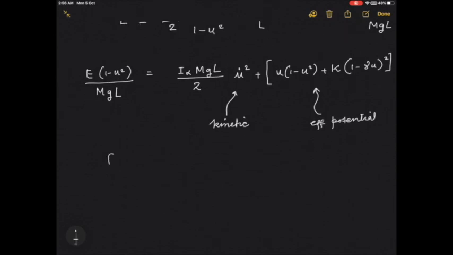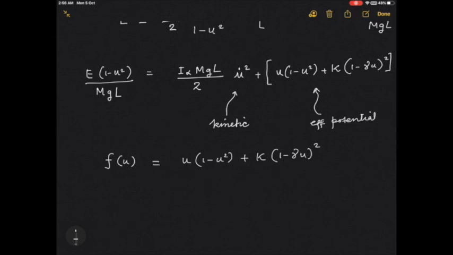Let us look at this effective potential, which I don't like to write as V effective, but write as F of u. So it is this quantity that we want to look at.